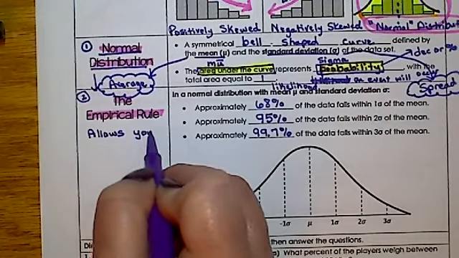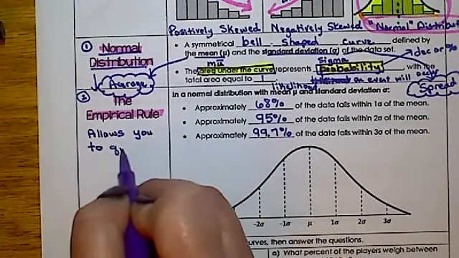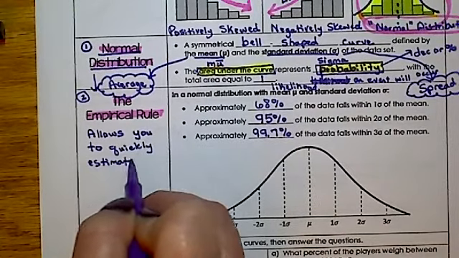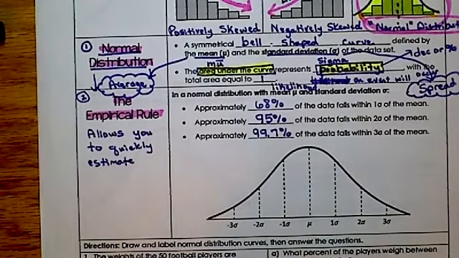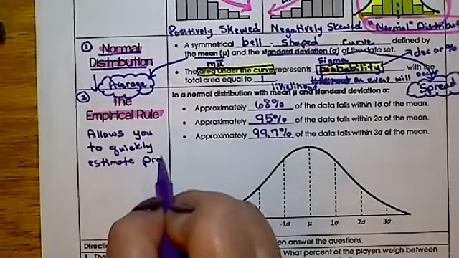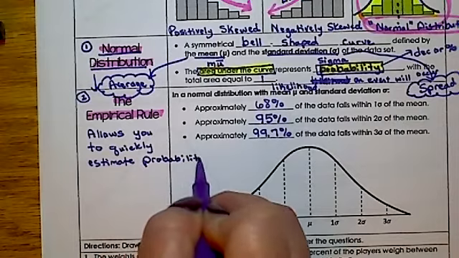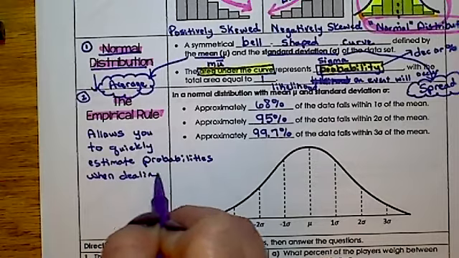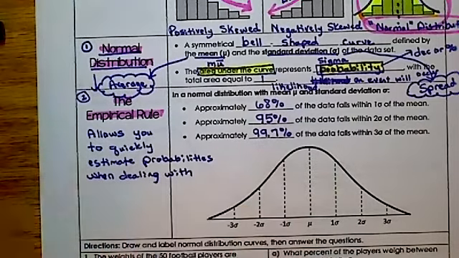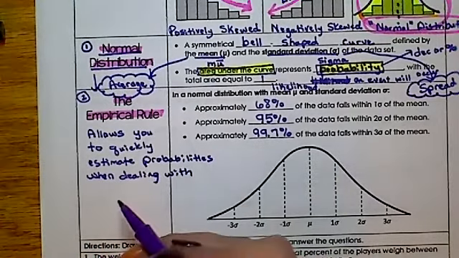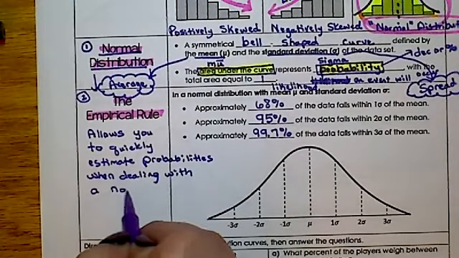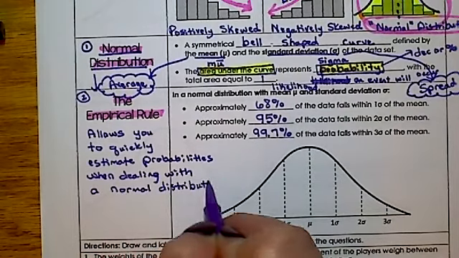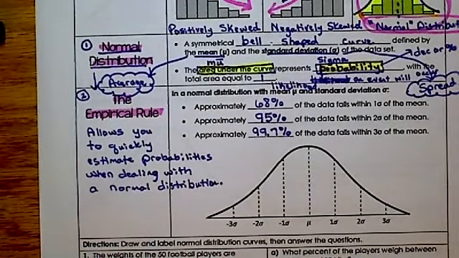So it allows you to quickly estimate probabilities when dealing with a normal distribution, which means nothing should be skewing the data.